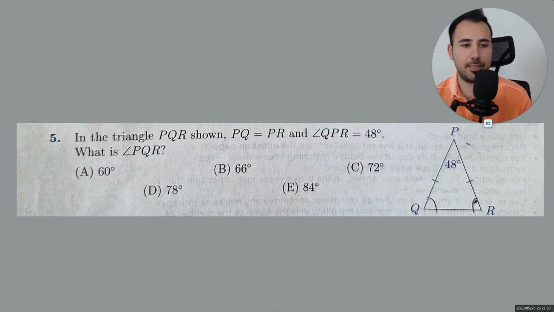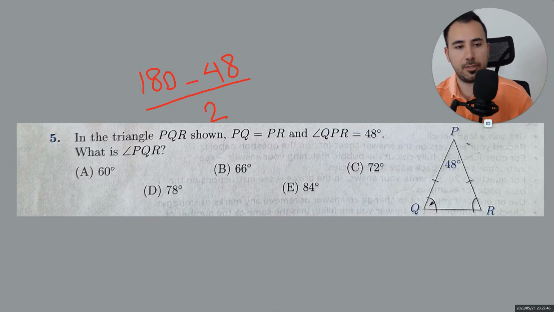We know that the sum of the internal angles of a triangle is 180 degrees. So the sum of these two will be 180 minus 48. Then we need to divide this by 2 because we have two angles, Q and R. We just want PQR, which is this one. So it's going to be 132 divided by 2, which is 66.